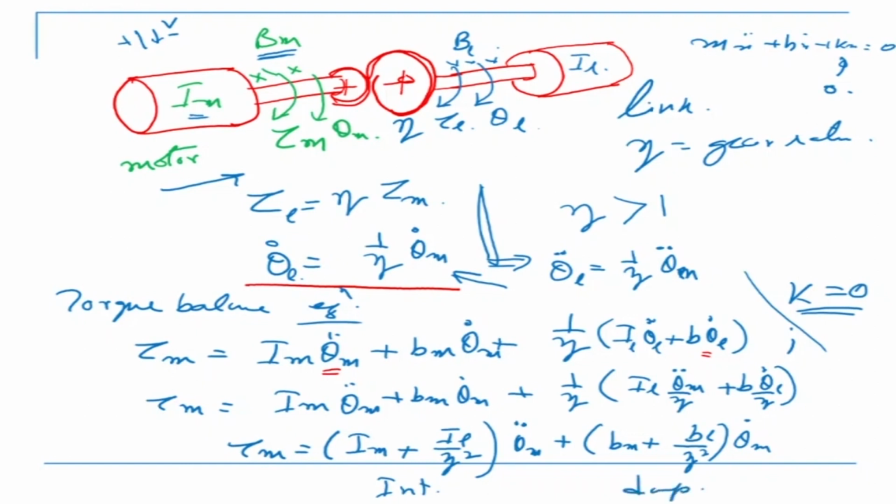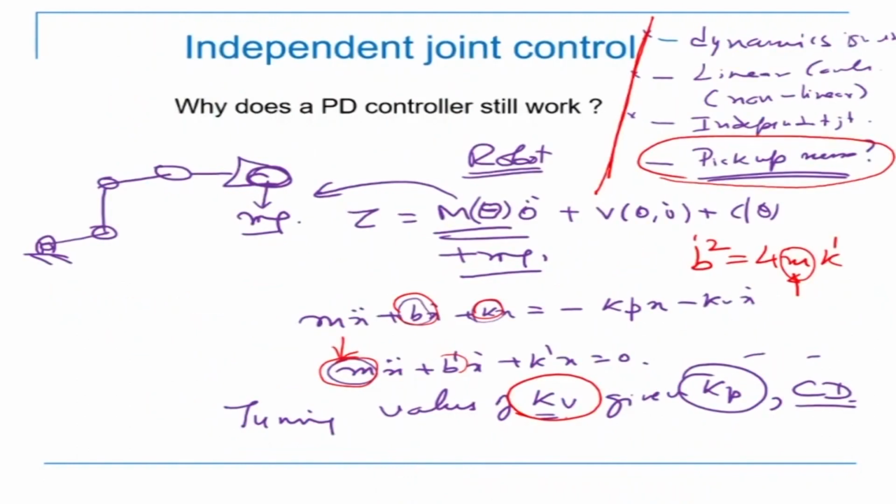Something interesting to note here is that this zeta squared, let me mark it in red, has come there. Let me write the equation again. What is this indicating? What is IL? IL is the inertia on the load side, the link inertia.